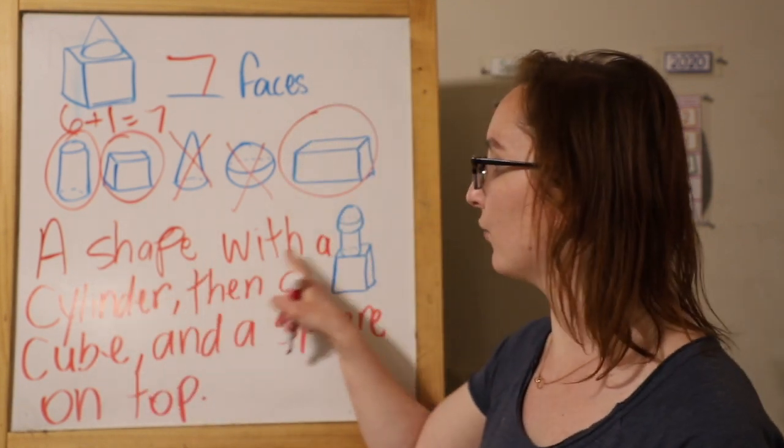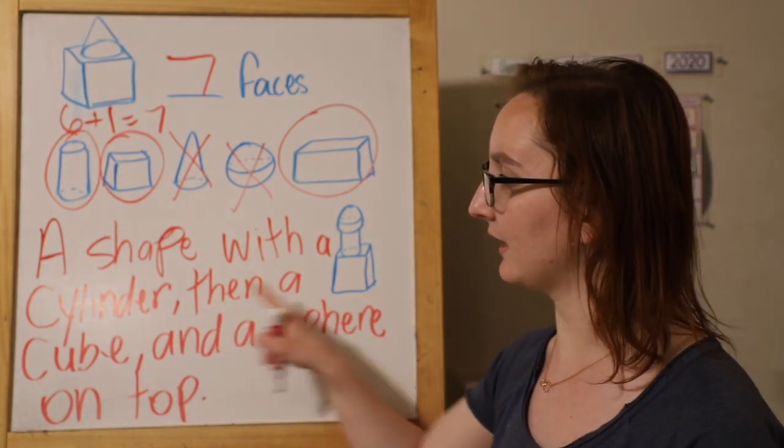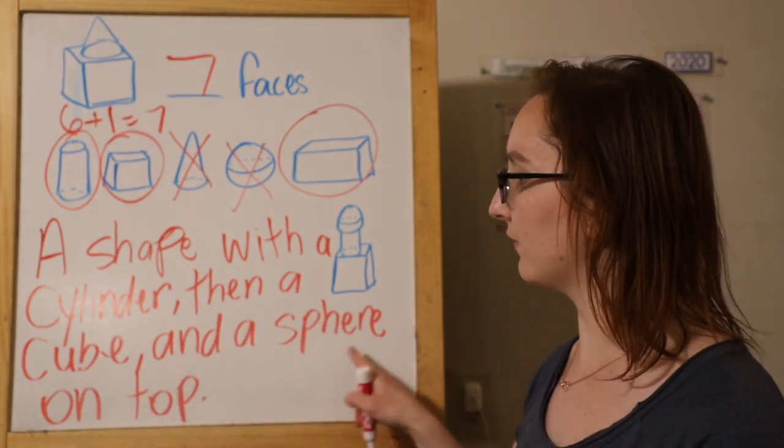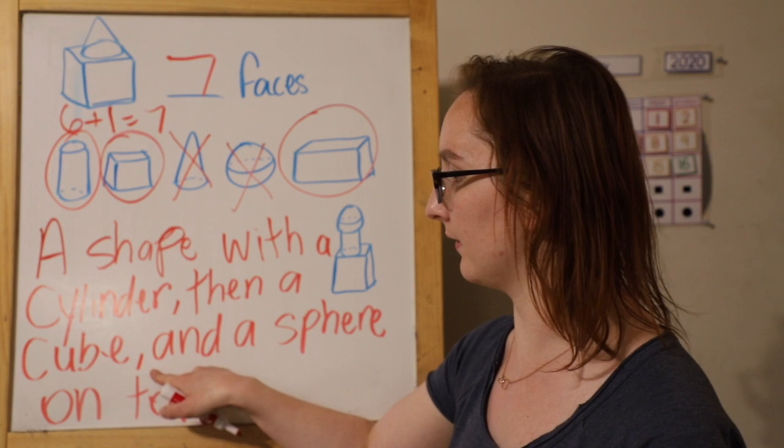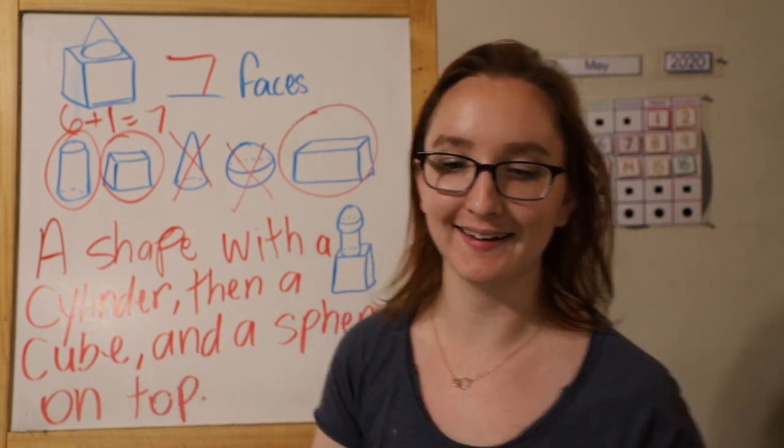So a shape with a cylinder, then a cube, and a sphere on top. And this is a comma right there.